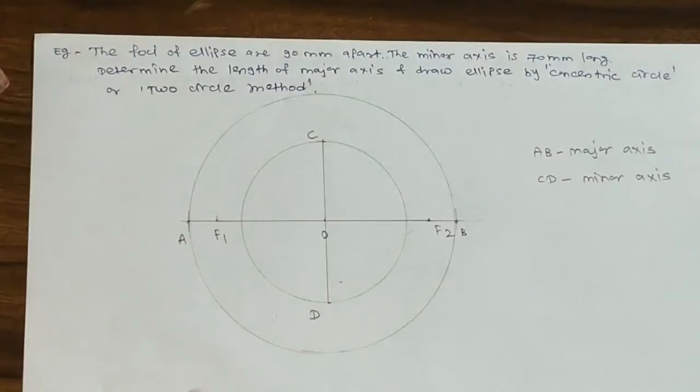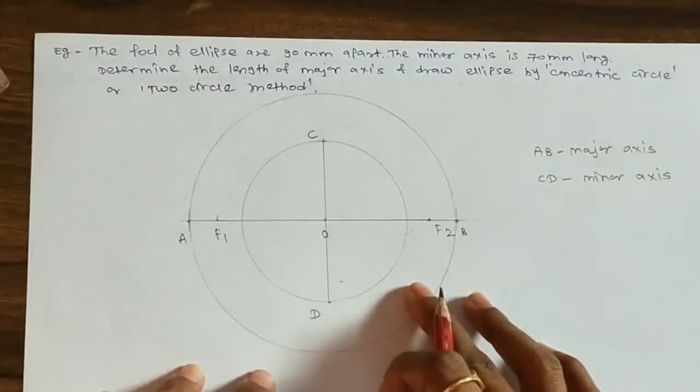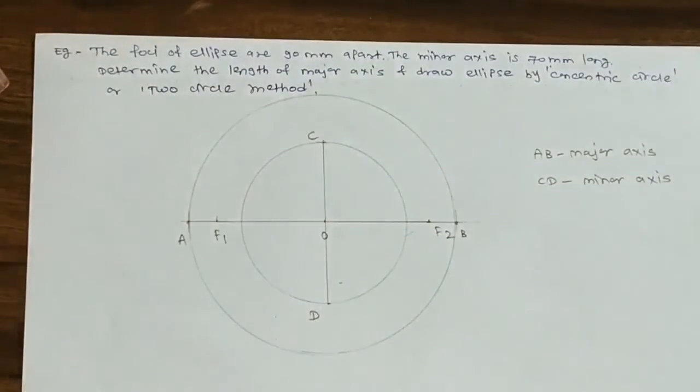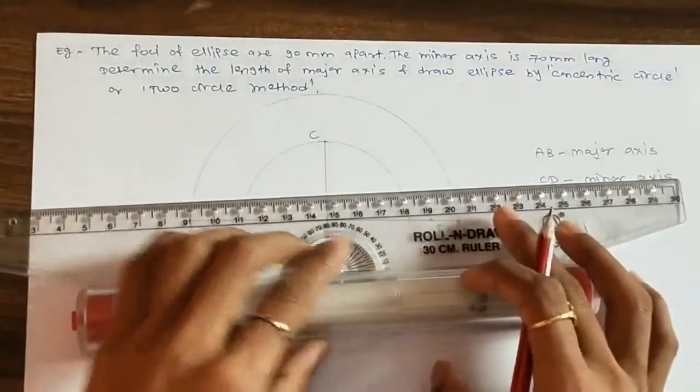Then divide this major axis circle into 12 parts.